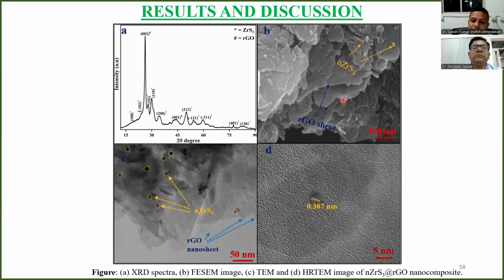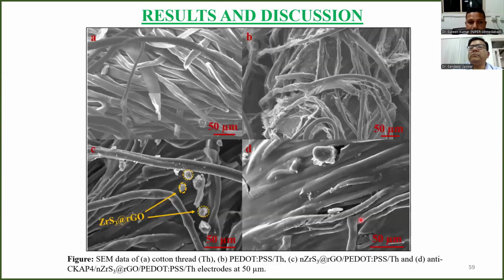To investigate better, we did transmission electron microscopy. It indicates nanomaterials present on the 2D material, zirconium trisulfide on the reduced graphene oxide. This is the fringe width of the nanostructured zirconium trisulfide.